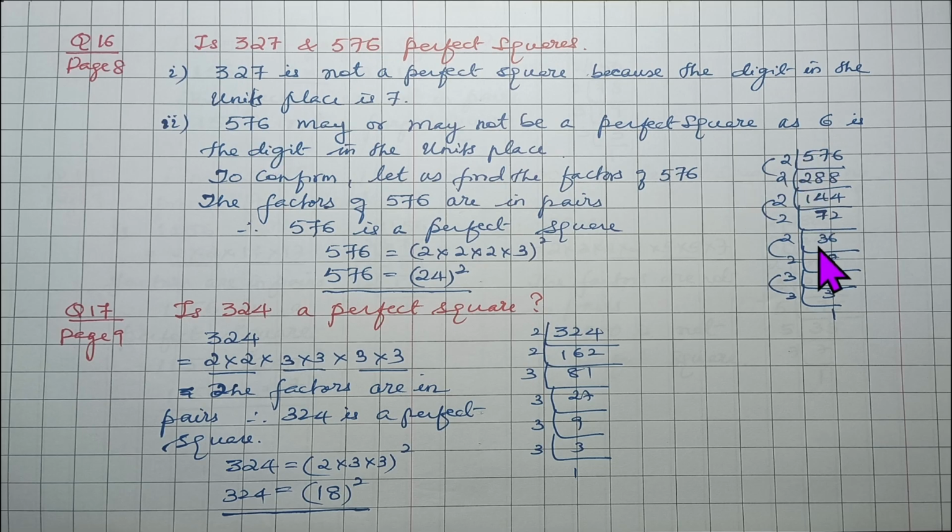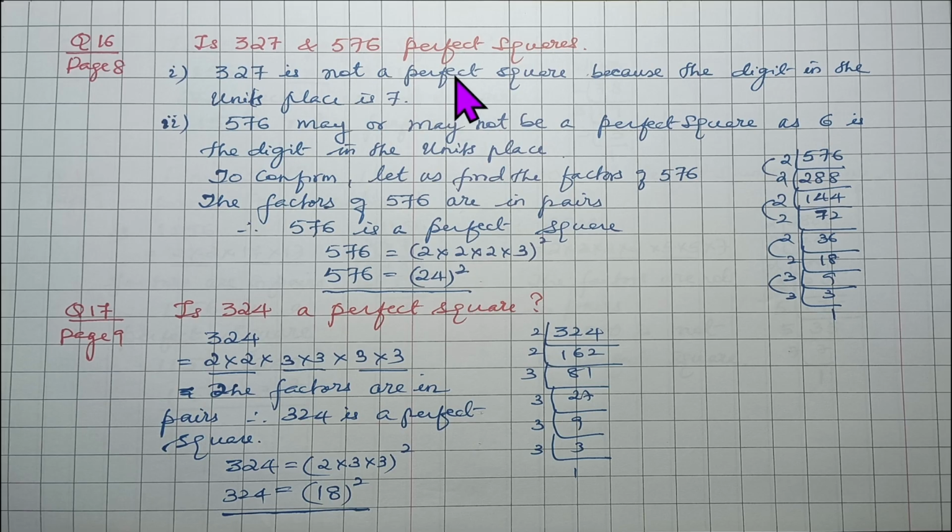When we carry out the prime factorization of 576, we find 3 pairs of 2 and 1 pair of 3. Once there are 3 pairs of 2 and 1 pair of 3, that means all the prime factors are in pairs, and therefore 576 is 100% a perfect square, and 576 is equal to 2 into 2, 4, 4 into 2, 8, 8 into 3 is 24, so 576 is 24 square.